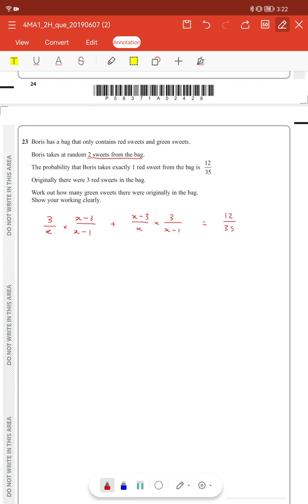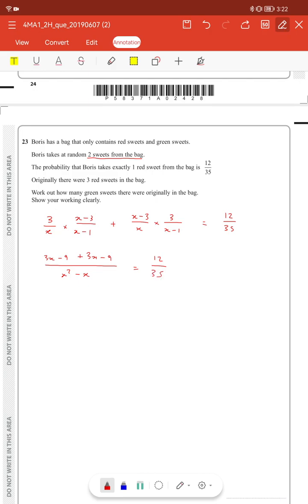So over here, we can write it as 1 common fraction over x squared minus x, and we get 3x minus 9 plus 3x minus 9. That would equal 12 over 35.